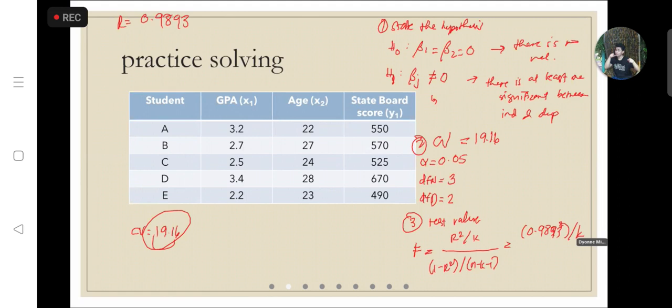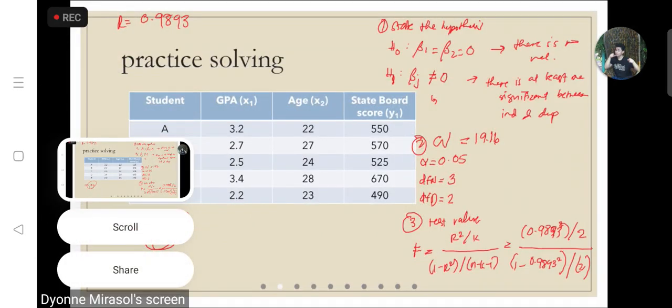Our k is 2, over 1 minus 0.9893 squared, over n minus k minus 1, where n minus k is 2. So what is our test value?